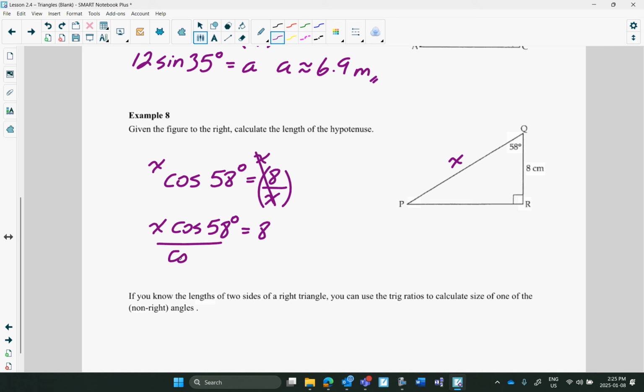Divide both sides by cos 58. And now you're ready to use your calculator. So 8 divided by the cos of 58, 15.1, and it's in meters. Good.